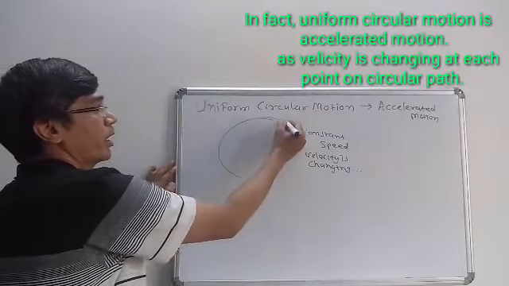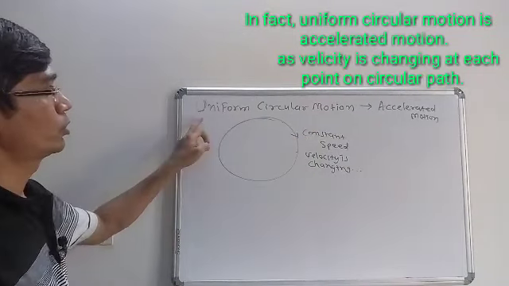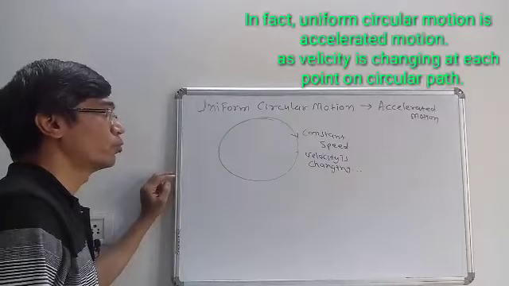Velocity is changed at each point. So this is known as uniform circular motion.